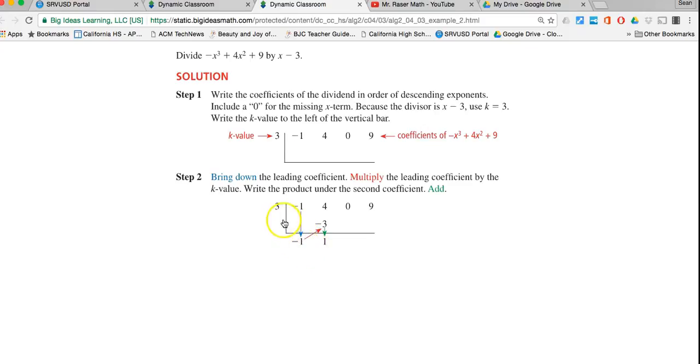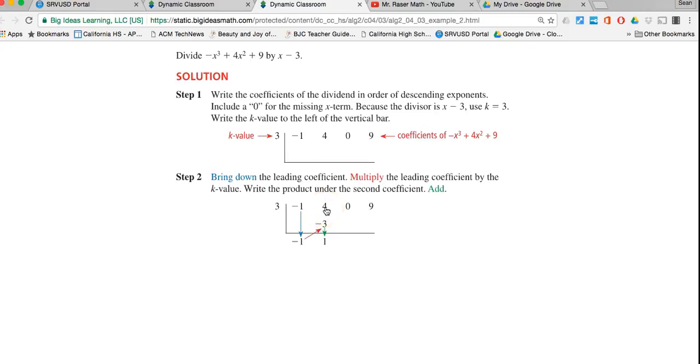Now, you are going to multiply the leading coefficient by the k value. So 3 times -1 is -3. You're going to take that and write it underneath the next coefficient. So again, bring down the leading coefficient, multiply that by k, write the answer up here. Now, you just keep going through this process over and over.